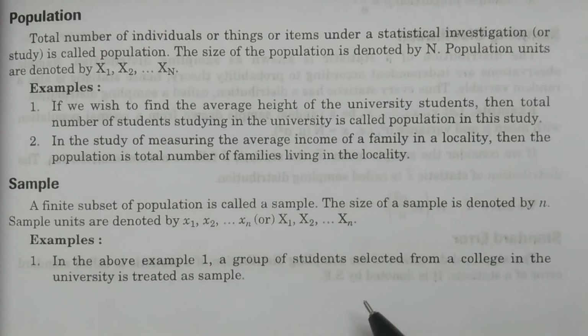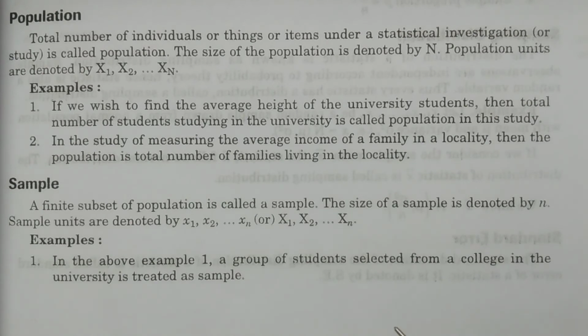that represents a sample. Like that, everywhere, in a particular population, a subgroup of the population is considered for the purpose of studying the objectives of the statistical investigation or statistical study.